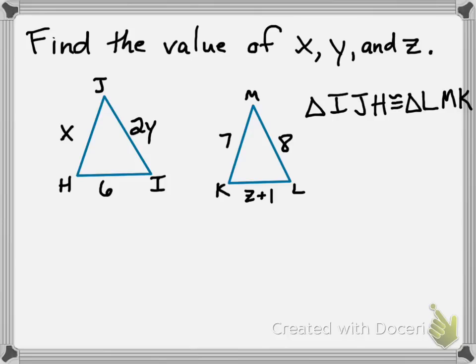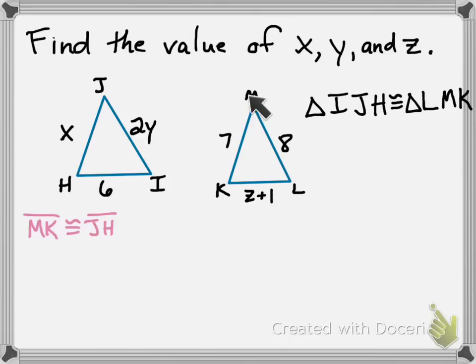Alright, so the first thing I'm going to do is try to find the first side. I know that side MK is congruent to the side JH, because those letters are second and third, and second and third.